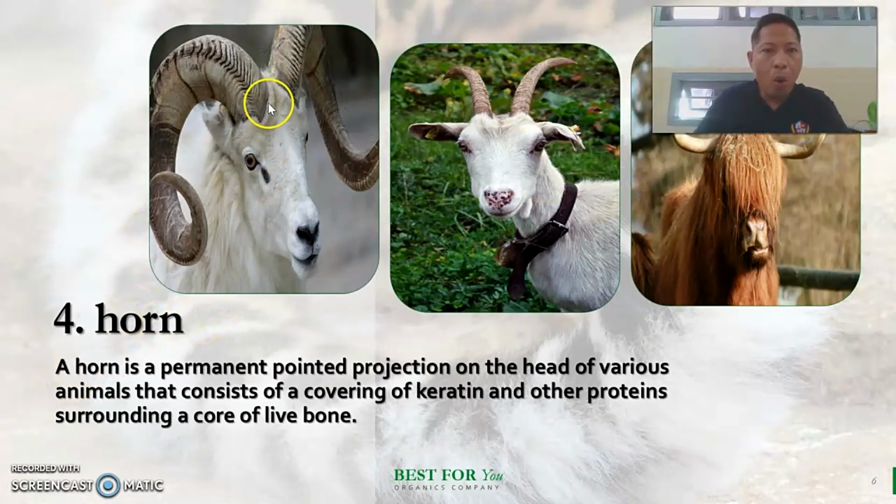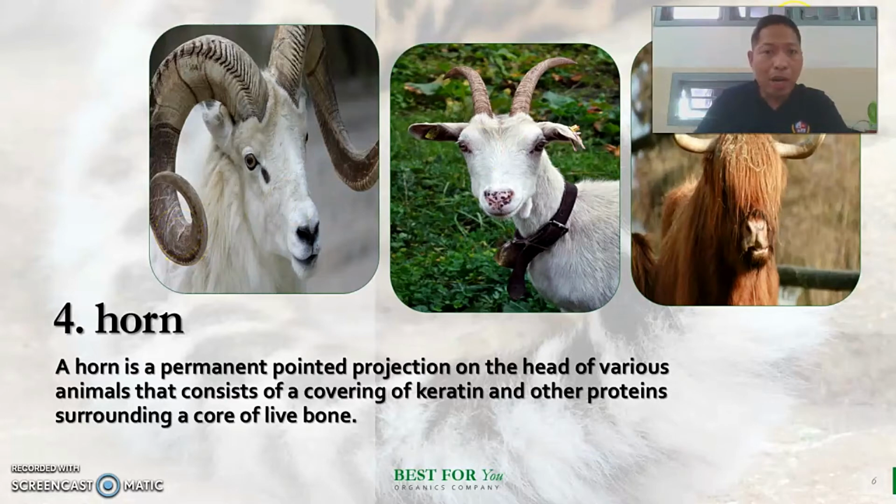Horn. Everybody say horn. A horn is a permanent pointed projection on the head of various animals that consists of a covering of keratin and other proteins surrounding a core of live bone. So this horn can be found in a goat, sheep, or a ram.